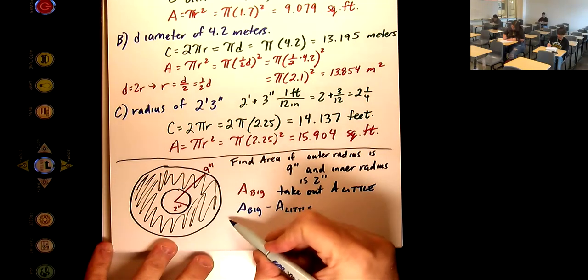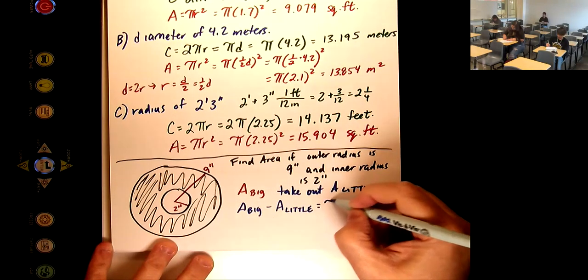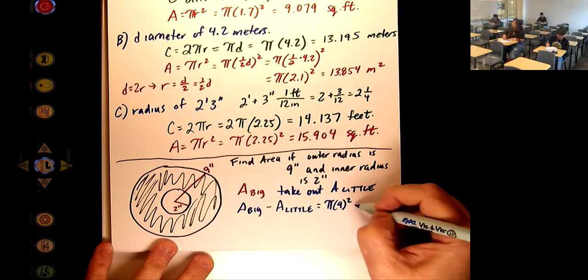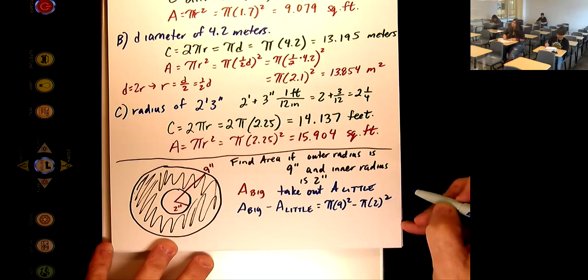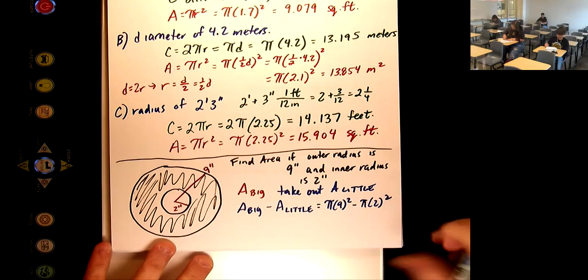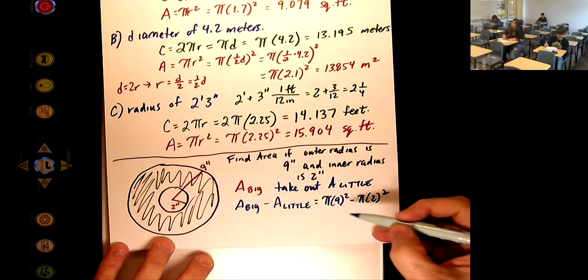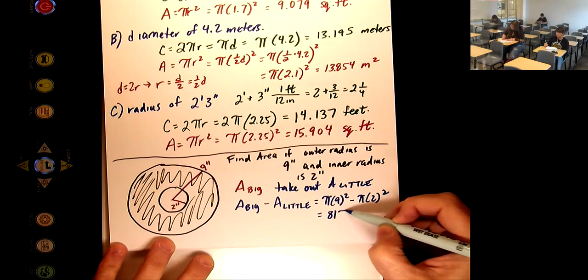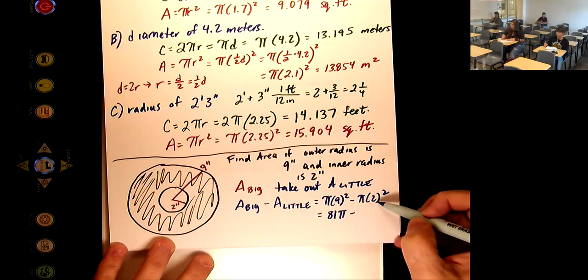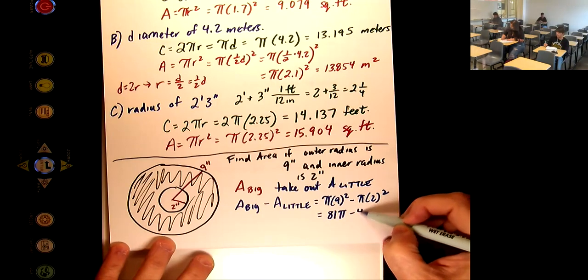This is pi times 9 squared minus pi times 2 squared. And rather than shifting to decimals right away, I know this 9 squared is 81, so I have 81 pi minus 2 squared is 4 pi.